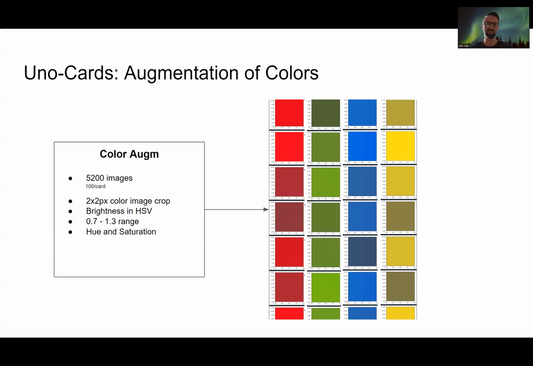The augmentation of colors is providing the models with over 5,000 images. It's a 2x2 pixel color image crop. It's adjusting the brightness in HSV, within a factor range of 0.7 to 1.3, and it applies on hue and saturation.